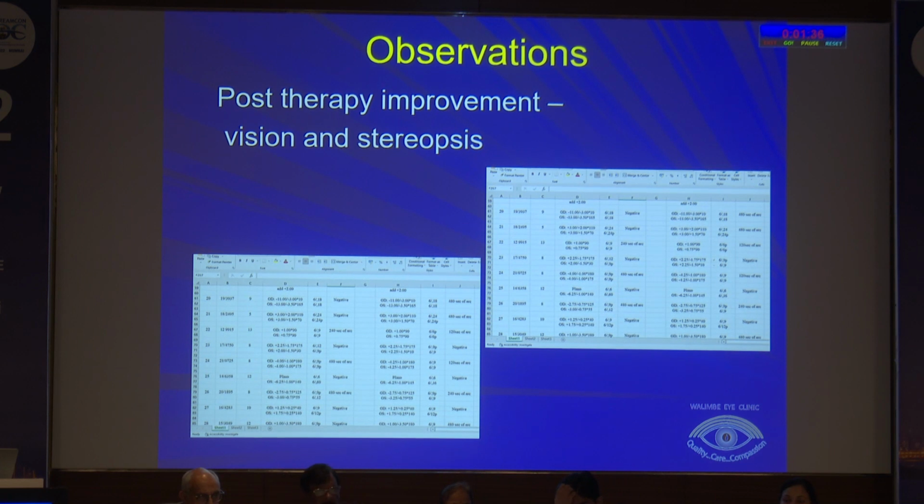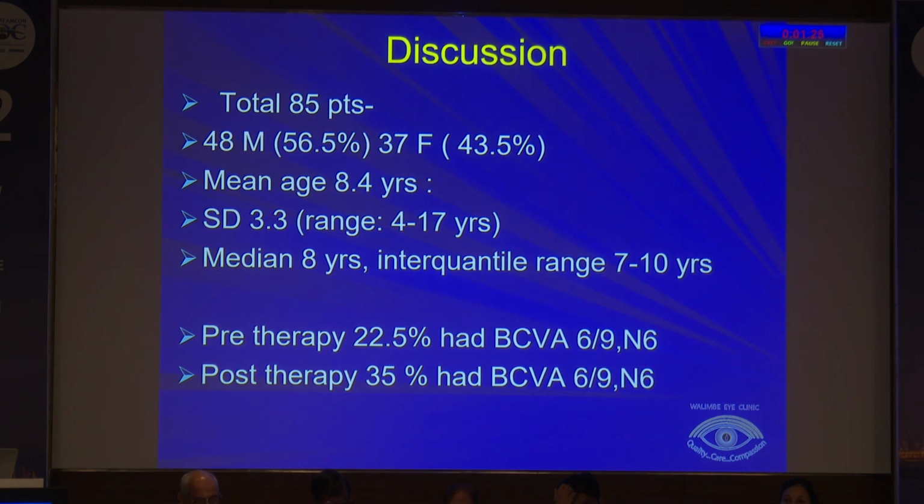Observations: it's a whole lot of observations, but what I could observe in the first 1 month as well as the 4-month visit was definite improvement in vision as well as stereopsis. Of these 85 patients, 48 were male and 37 were female with a mean age of 8.4 years.